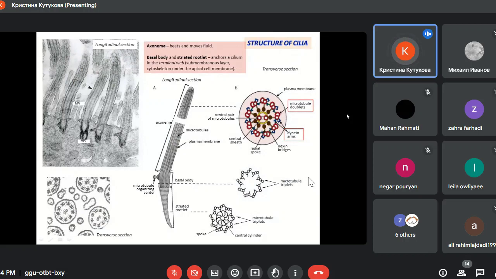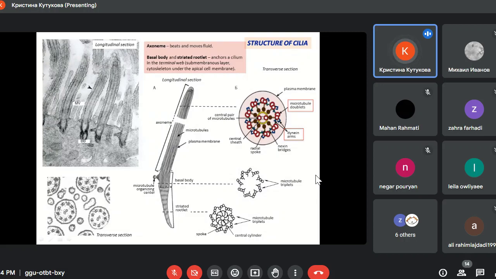Now, the structure of cilia. One cilium is shown also in this electron microscopy picture. It has the axoneme part, which grows from the cell. It is located outside of the cell, and it has microtubules inside it.